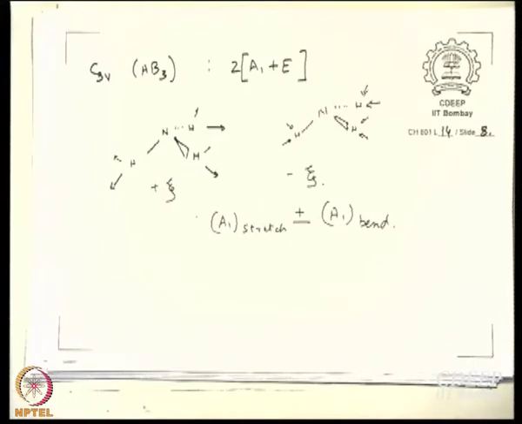Understand what I am saying? What I am saying is that you have to have two A1 normal modes, right? That is what we have shown. Now, it is impossible to distinguish between vibration, between stretch and bend here. Since the symmetries are the same, what must be happening is a linear combination, okay.